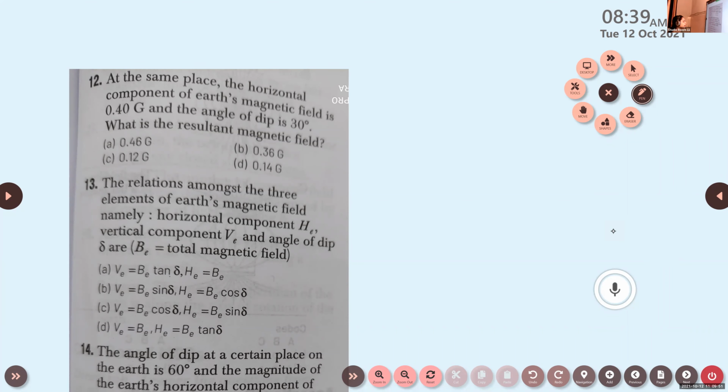So here the Earth's horizontal magnetic field is given, 0.40 Gauss, and the angle of dip is given, 30 degrees. Then what is the resultant magnetic field?